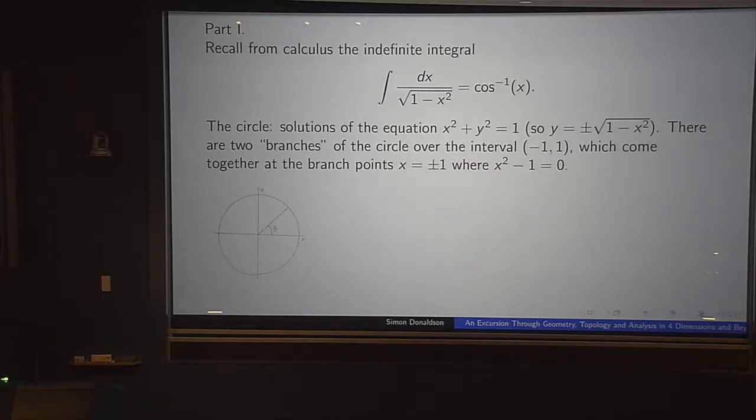The whole theory of these kinds of integrals is bound up with the geometry of the circle. That's to say, solutions of the equation given in coordinates by x squared plus y squared equals 1. The connection with this formula is that if x squared plus y squared equals 1, then y is plus or minus the square root of 1 minus x squared, which is just the term appearing in the denominator of our formula.